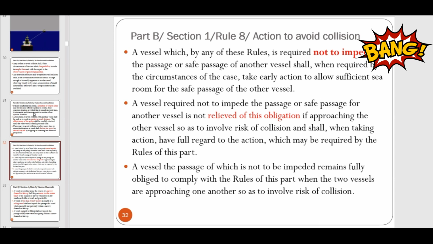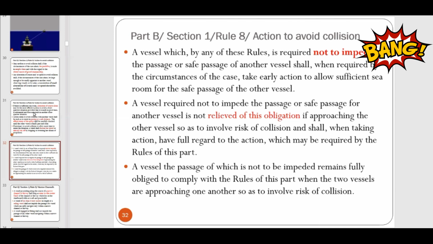That means action has to be taken. Whether you are supposed to not impede the passage, or because of the nature of your work or according to the rule, you are not supposed to take action, whatever the case may be, as far as risk of collision is concerned, both have an obligation to take action to ensure that risk of collision can be avoided.